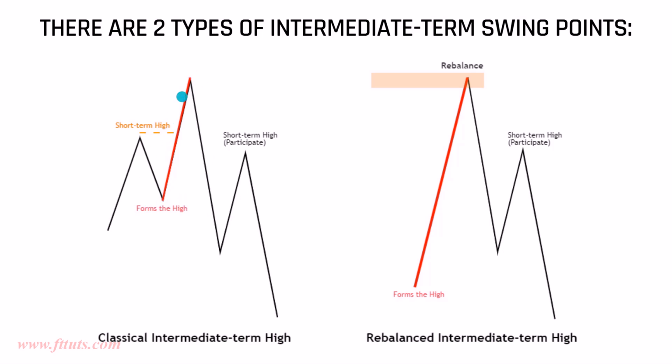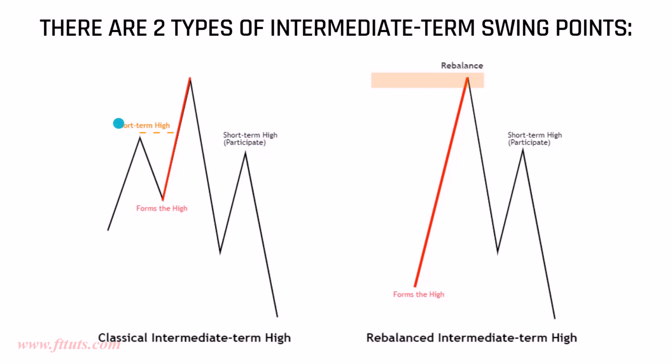Okay, this higher high here, since this structure broke here, we're not expecting it to make another higher high, are we? So we're going to anticipate this to form a short term high, and overall to form an intermediate term high. Okay, and on this short term high here, that's when we want to take action.